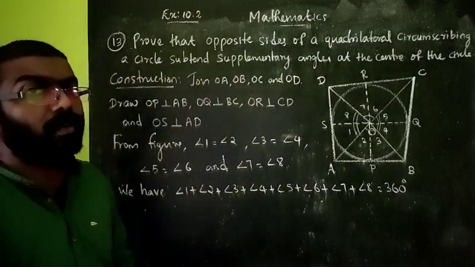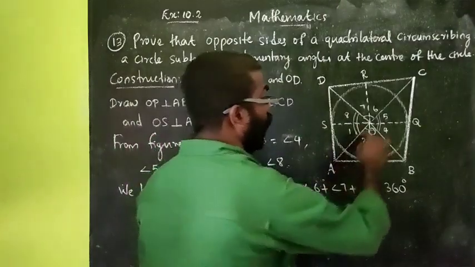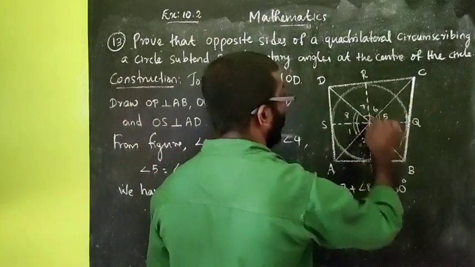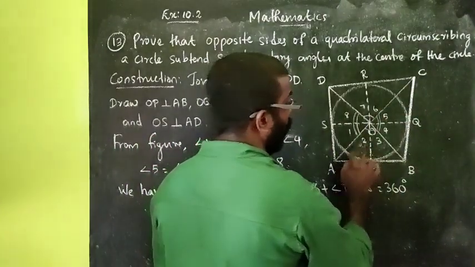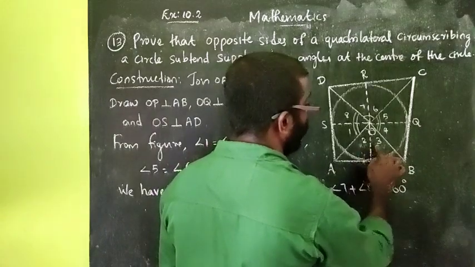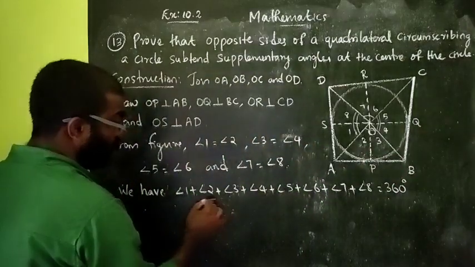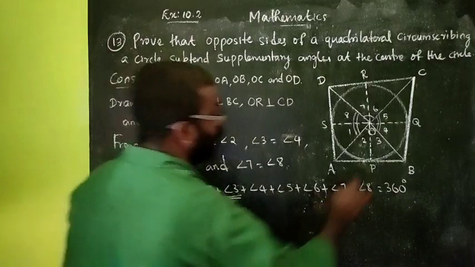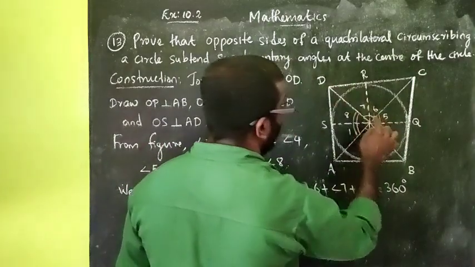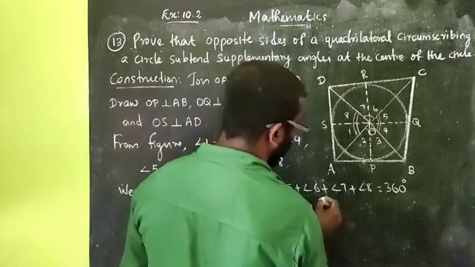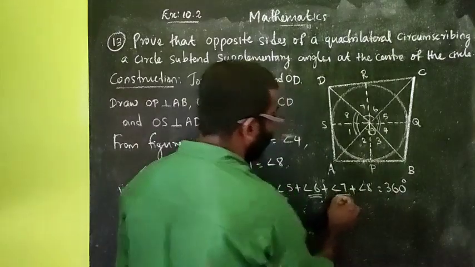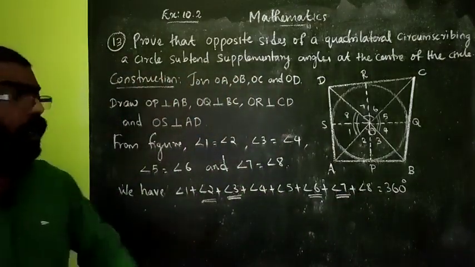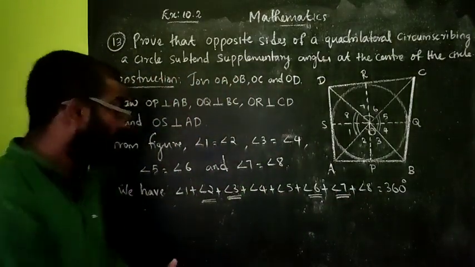Now what do we have to prove? We have to prove AOB equal to COD. That's the first one. So AOB consists of angle 2 and angle 3. And COD consists of angle 6 and angle 7. Okay. So all other angles we have to change.